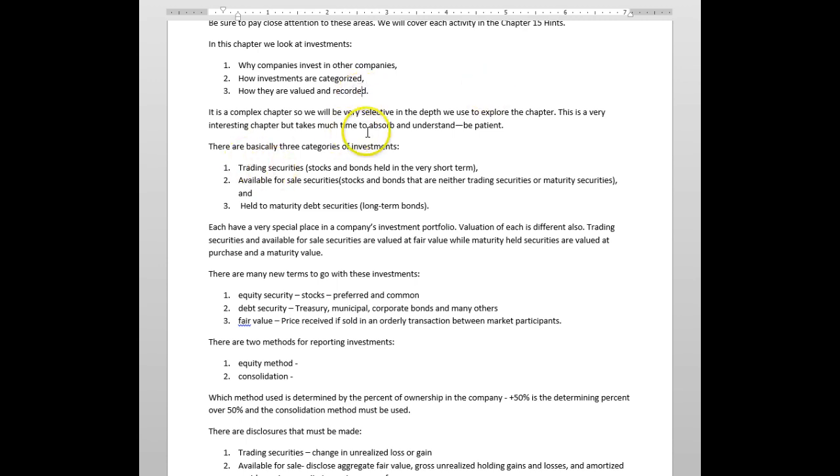This is a fairly complex chapter, so we're going to be selective about what we look at. I don't believe it is as complex as Chapter 14. I believe this one's a little more direct for you, but still, be patient with it. And please email if you have any questions.